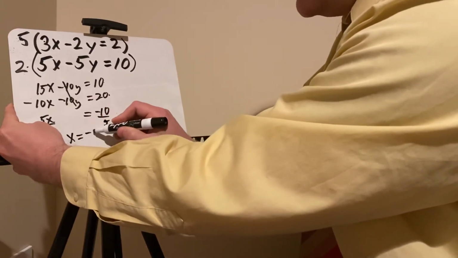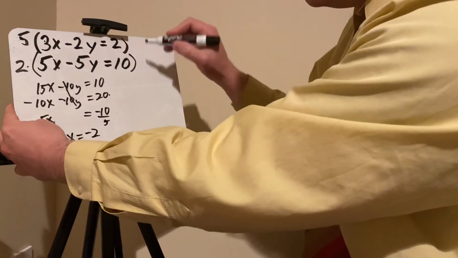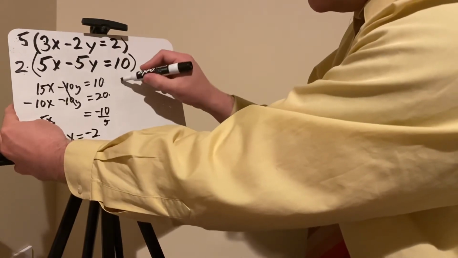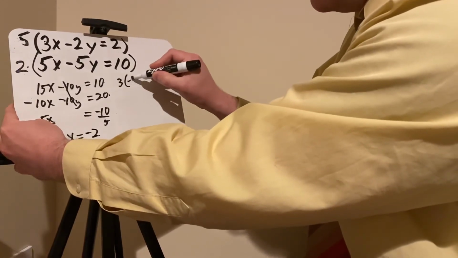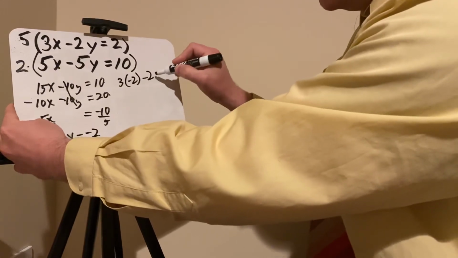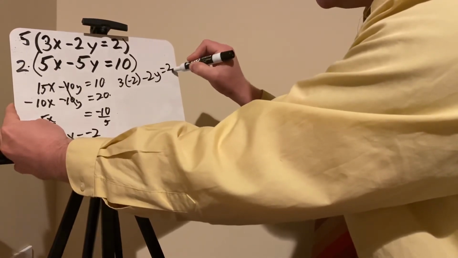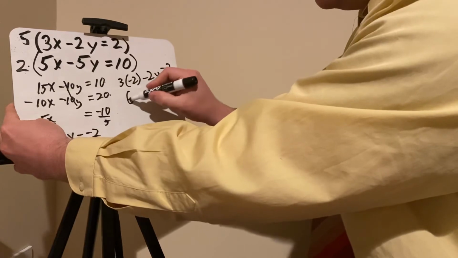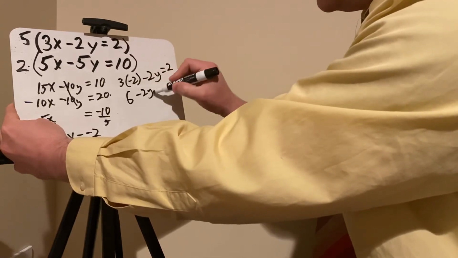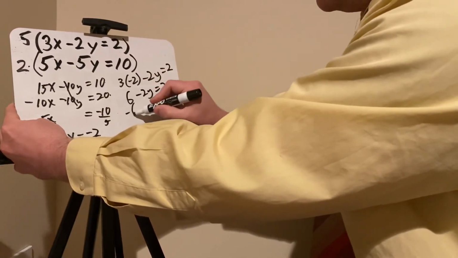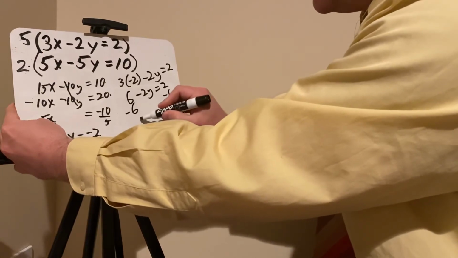X equals negative 2. Substitute the negative 2 back into one of the original equations. 3 times negative 2 minus 2y equals 2. 3 times negative 2 is negative 6, minus 2y equals 2. Add 6 to both sides.